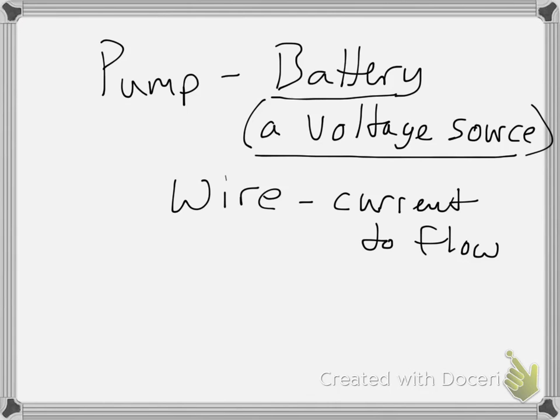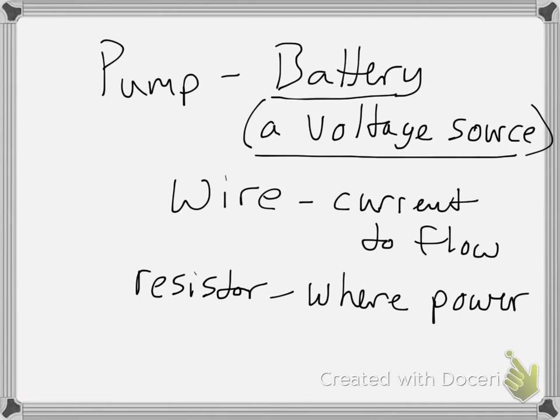And finally, you need something for the current to affect. And that thing is what we call a resistor. This is what the current actually gives its power to. So this is where the power is actually used up. The resistor is where power is used, or you could say the power is emitted. Your light bulbs emit their power.